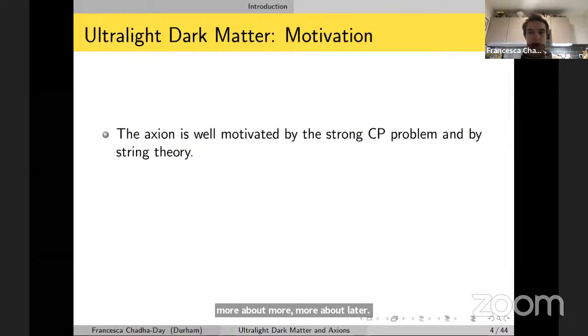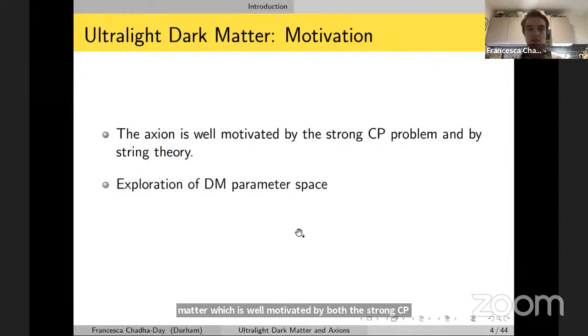The axion is a particular kind of ultralight dark matter, which is well motivated by both the strong CP problem and string theory, as I'll discuss later. More generally, we want to be exploring the whole dark matter parameter space at every mass where we think the dark matter might live.